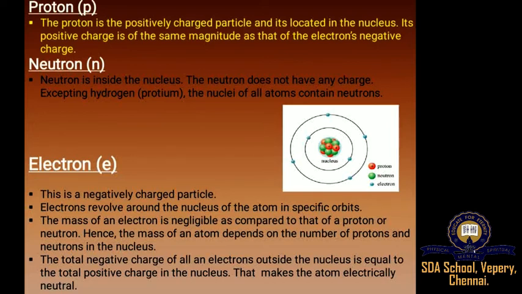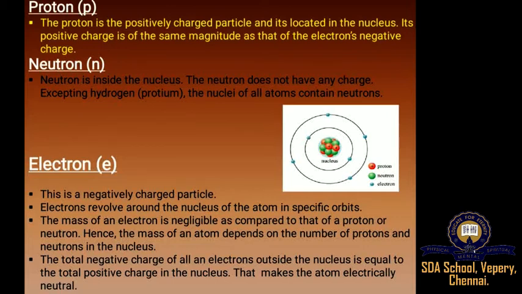The total negative charge of the electrons outside the nucleus is equal to the total positive charge in the nucleus. So, in an atom, the total negative charge of the electrons will be equal to the total positive charge of the protons.